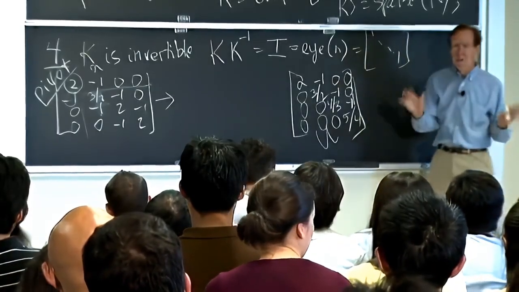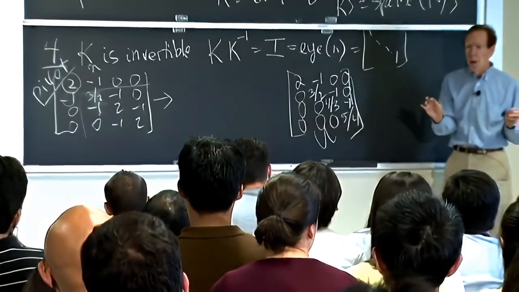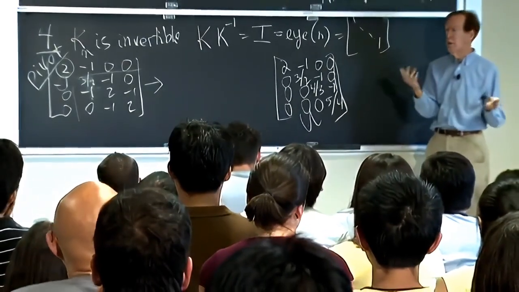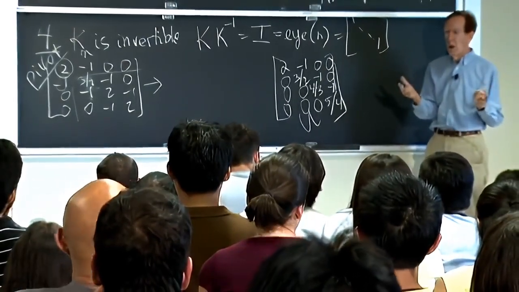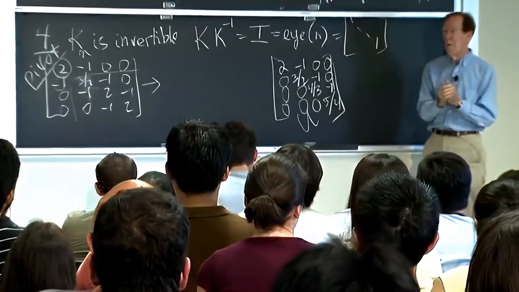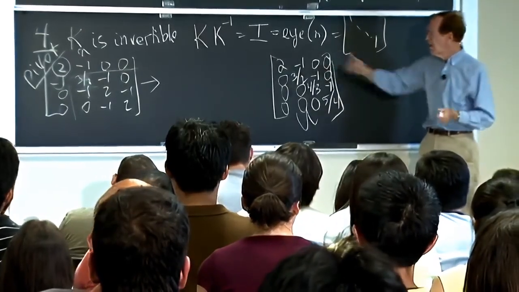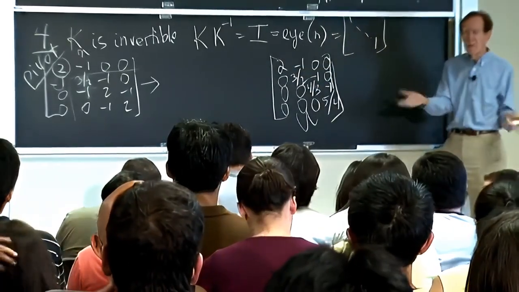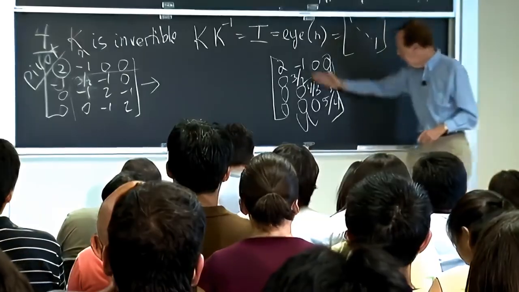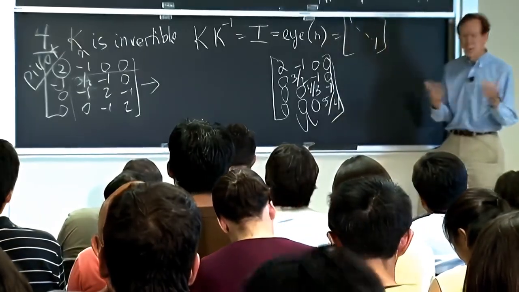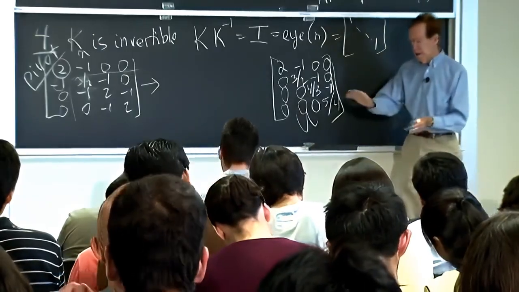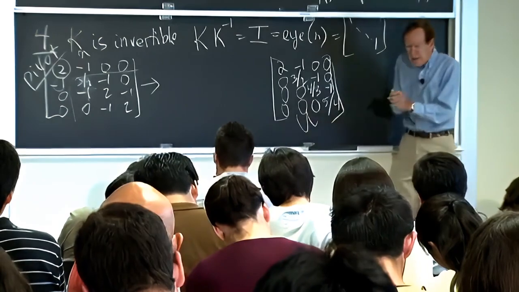And why? What's the test? Well, we could do the determinant, but we can say it without using that long word. The diagonal is non-zero. K is invertible because it's got a full set of pivots. It's got 4 non-zero pivots. That's what it's going to take to solve systems. So this is the first step in solving the system.